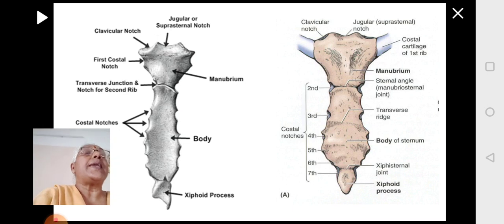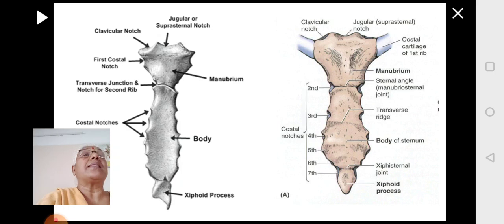Here you can see the clavicular notch where the clavicle will articulate with the sternum. Then just below that there is another notch where the costal cartilage of the first rib will attach. Then at the junction of the manubrium and the body, which is also called the sternal angle or angle of Lewis, you have another notch where the second rib will attach.